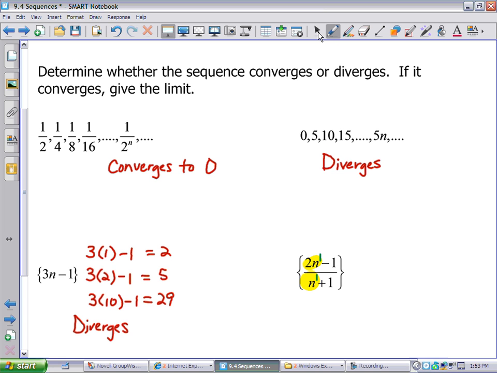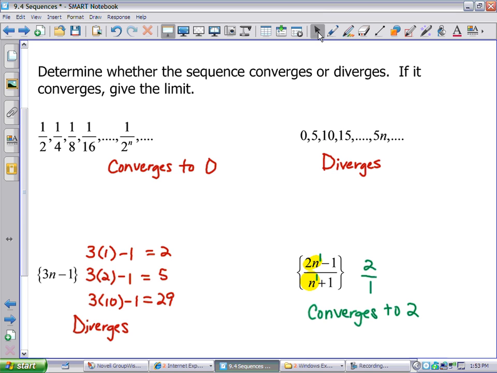When the power in the numerator matches the power in the denominator, then you look at your coefficients. So this would be 2 over 1. Whatever numbers you plug in for n, it doesn't matter, because it's going to head towards an end behavior asymptote, which is 2. So this one we're going to say converges to the number 2.